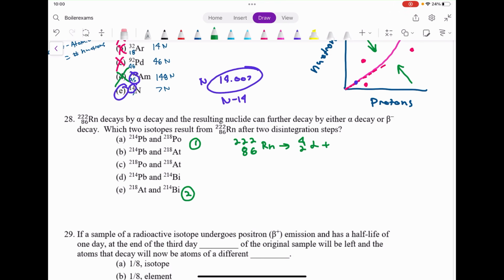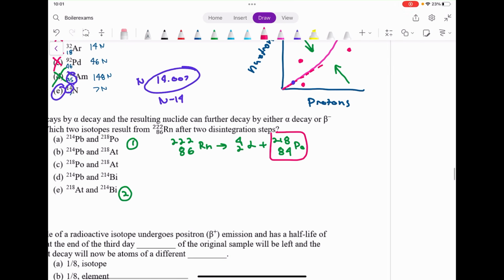Now, if we balance this, we're going to get 218 and 84. The element that is 84 is polonium. It's Po. Okay, so now this Po is going to be our reactant for either of the next 2 steps.